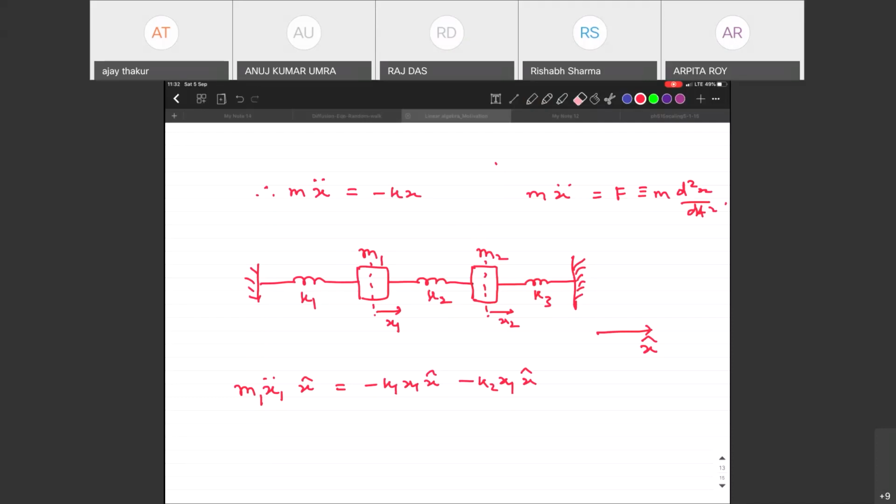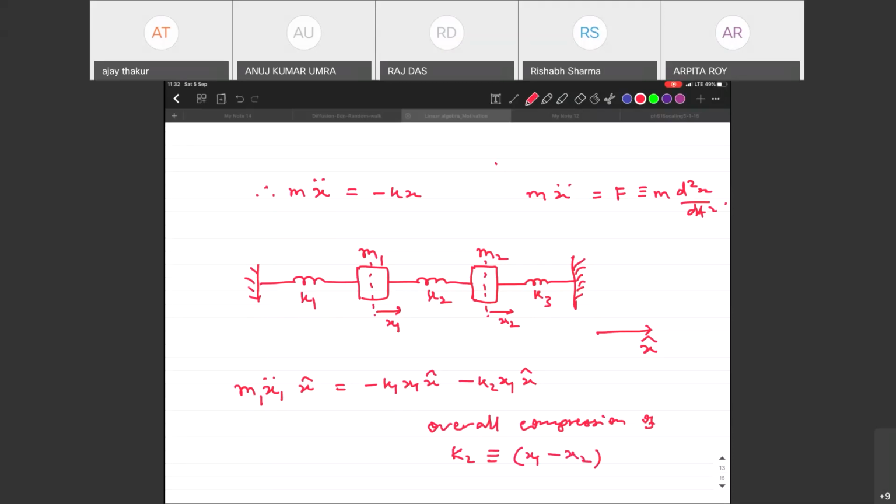Therefore, overall extension. So overall compression of K2 is equal to how much? X1 was the compression, but X2 is expansion, right?